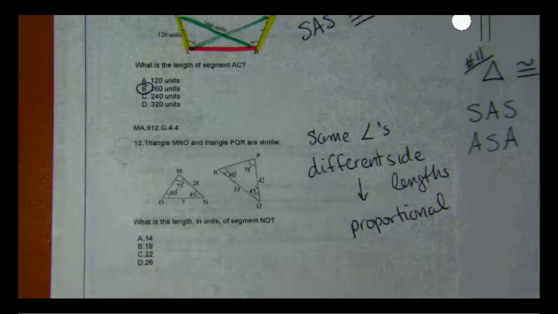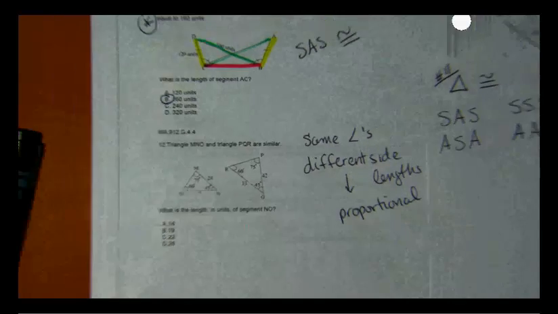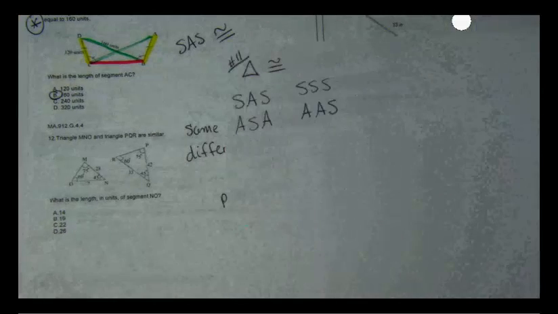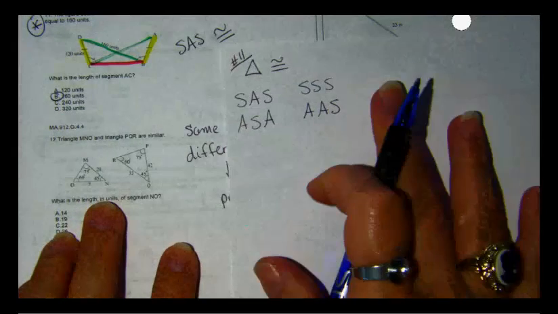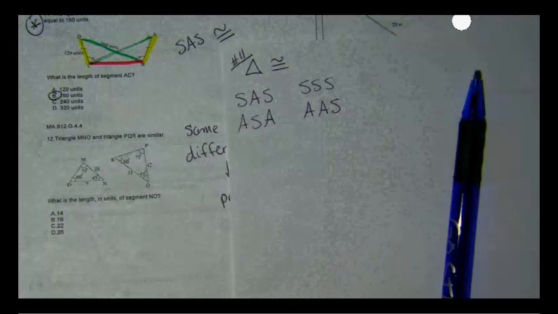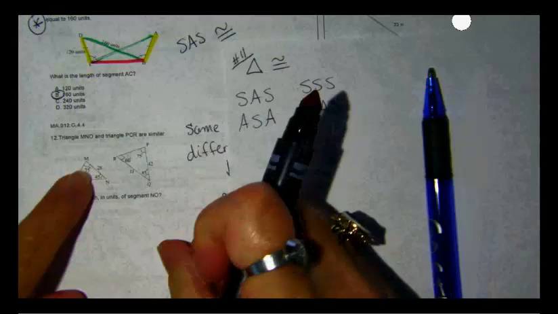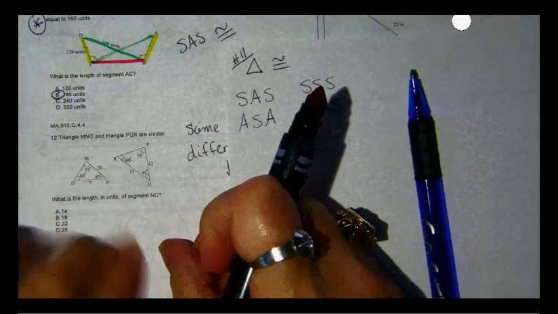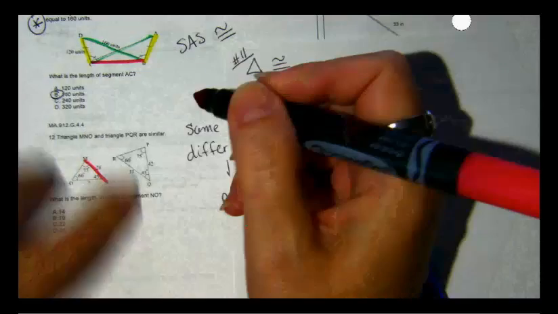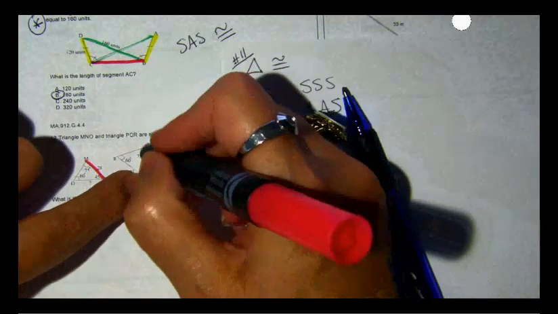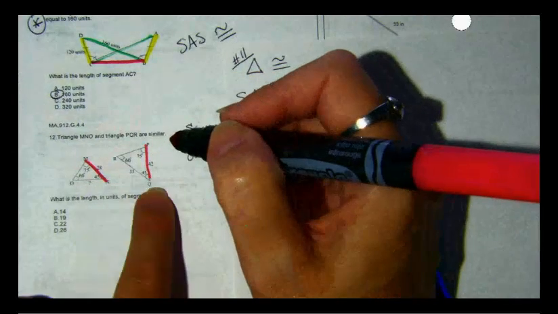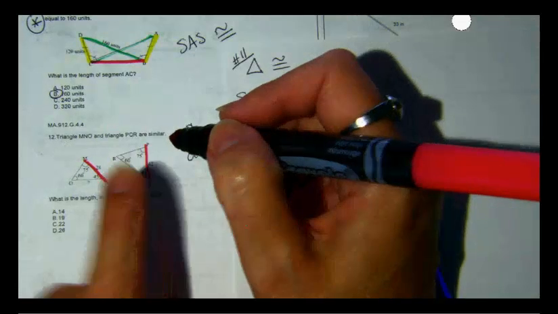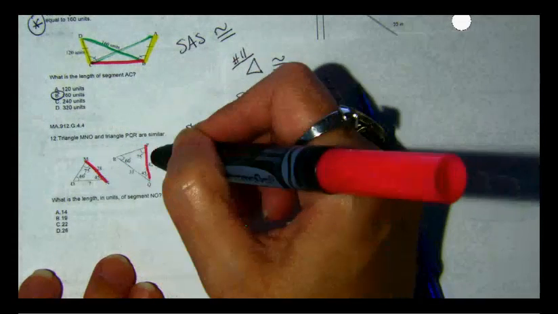Okay, so what we do with this, I'll zoom out just a little bit. I have to figure out which sides match. I have the 75 to 45 is MN. 75 to 45 is PQ. These two sides will be in proportion, because you see how all the angles match?